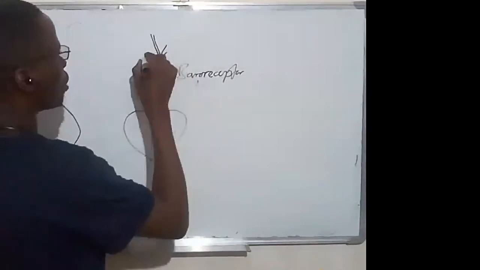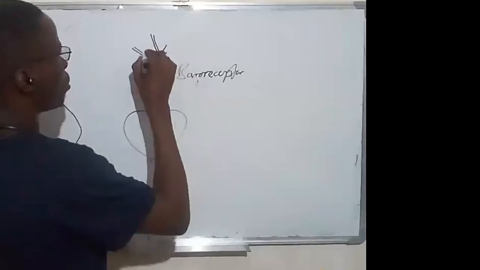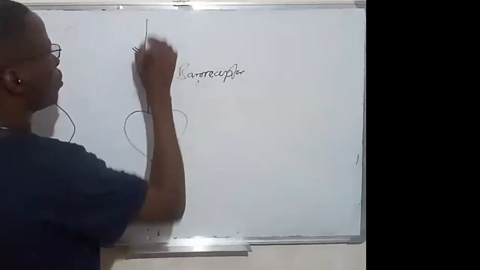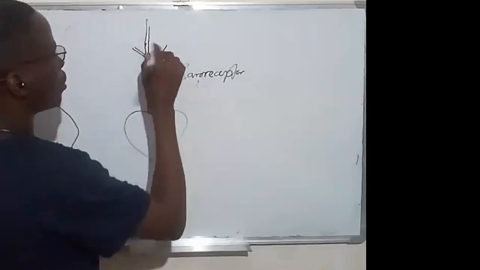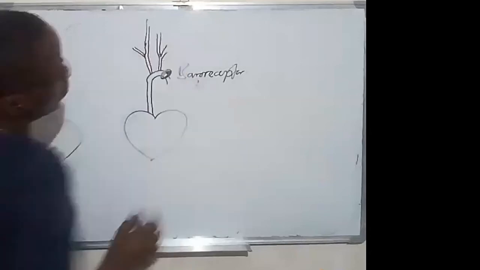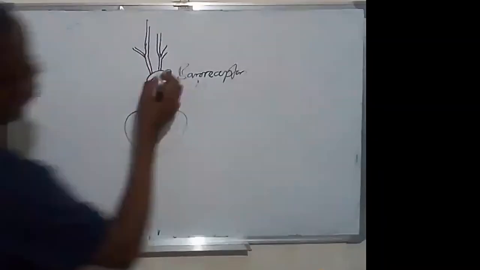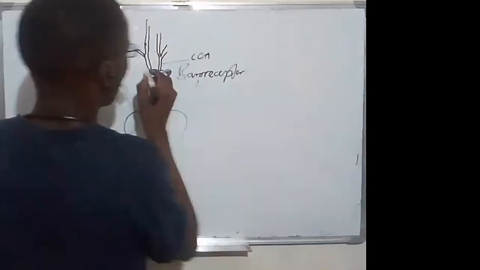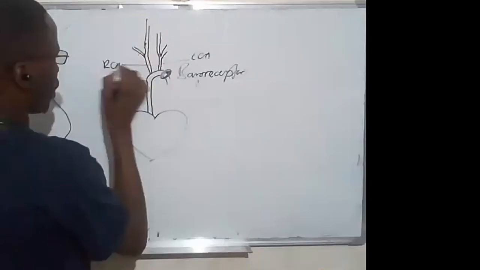The other one goes out here also, then the other one goes in. These are called the carotid arteries. There's the left carotid artery, and this is the right carotid artery.